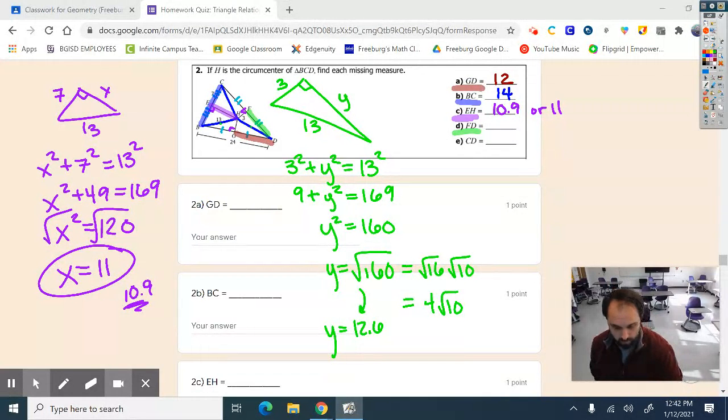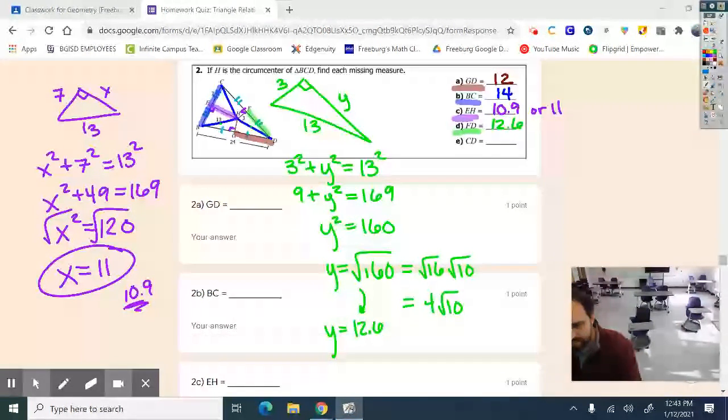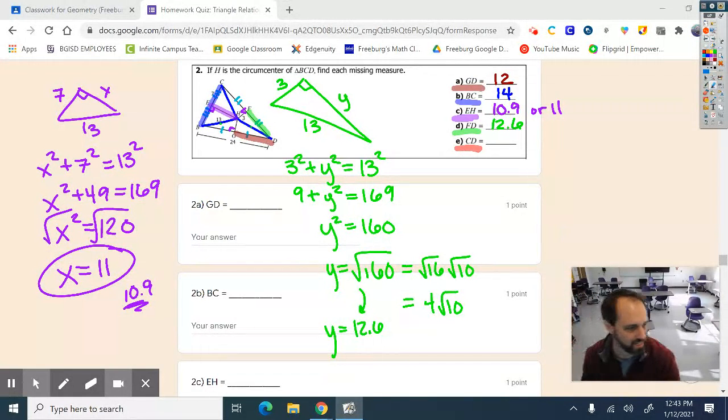I don't know. Okay, double check my math on that. Use your calculator, 12.6, or leave it in reduced radical form for root 10. I think I've programmed it so it'll accept that answer, because I know our next level teachers, our Algebra 2s, would appreciate that.